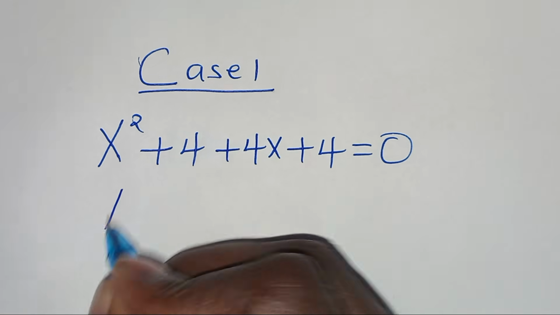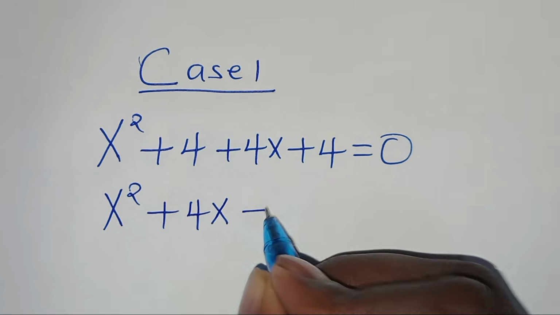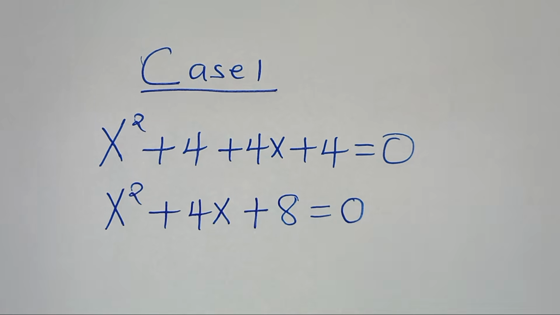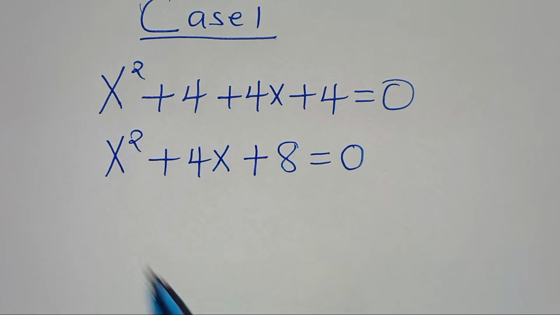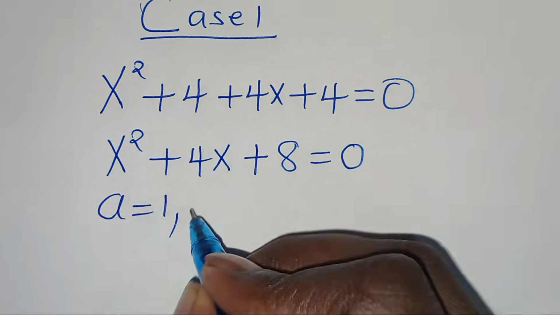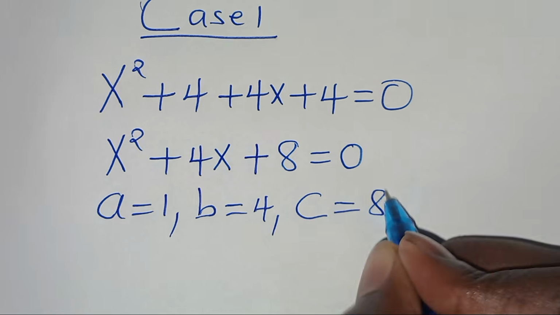So we have x^2 + 4x + 4 + 4, this is 8, equal to 0. We form a quadratic equation where a is equal to 1, b is equal to 4, and c is equal to 8.